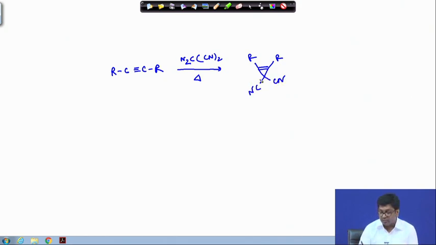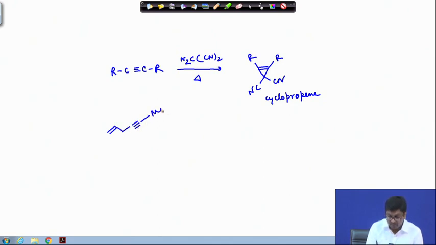Okay. So, these are the cyclopropenes. Now, if there is an enyne type of system, that means the substrate contains a double bond as well as a triple bond, what will happen? Which one will react faster?